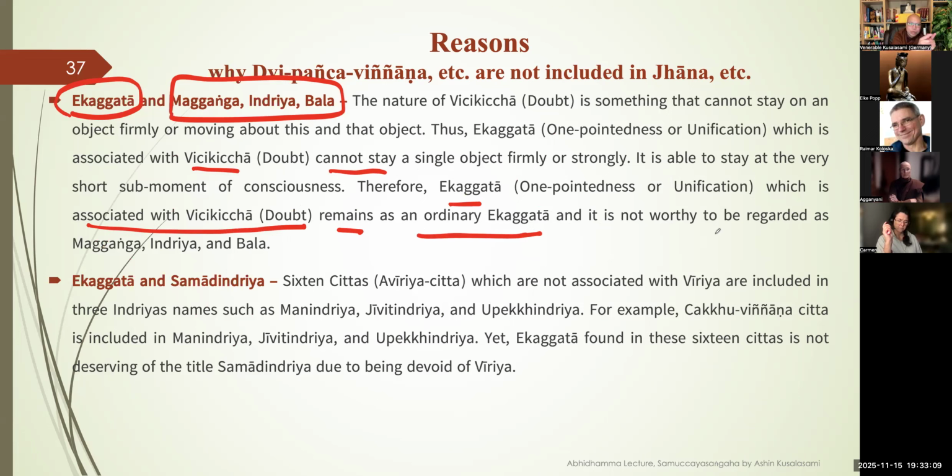Okay, here too, you have to look again at the Cetasika chapter. All 89 types of consciousness are associated with Ekagata. So do all 89 kinds of Ekagata have the title of Magga, Indriya, Bala? No. Why? The reason is Vicikiccha.